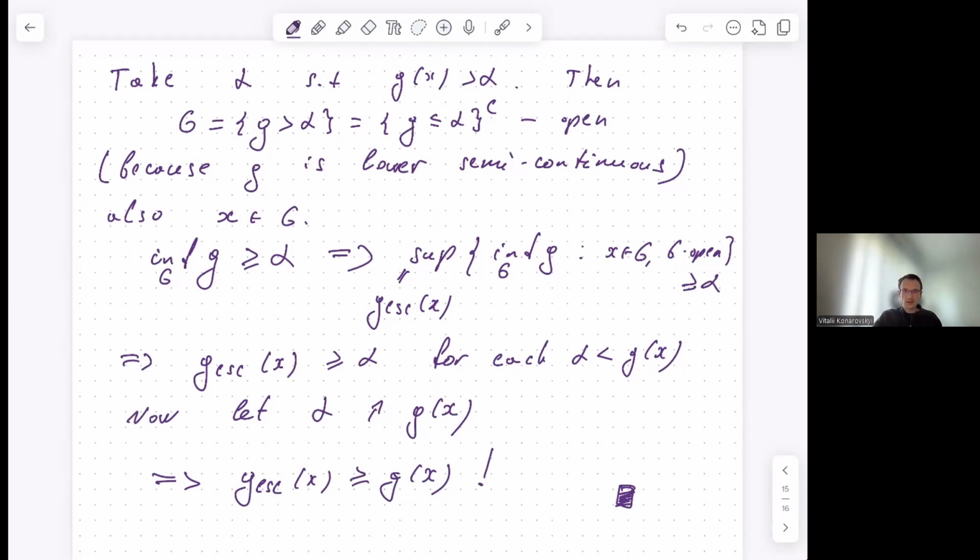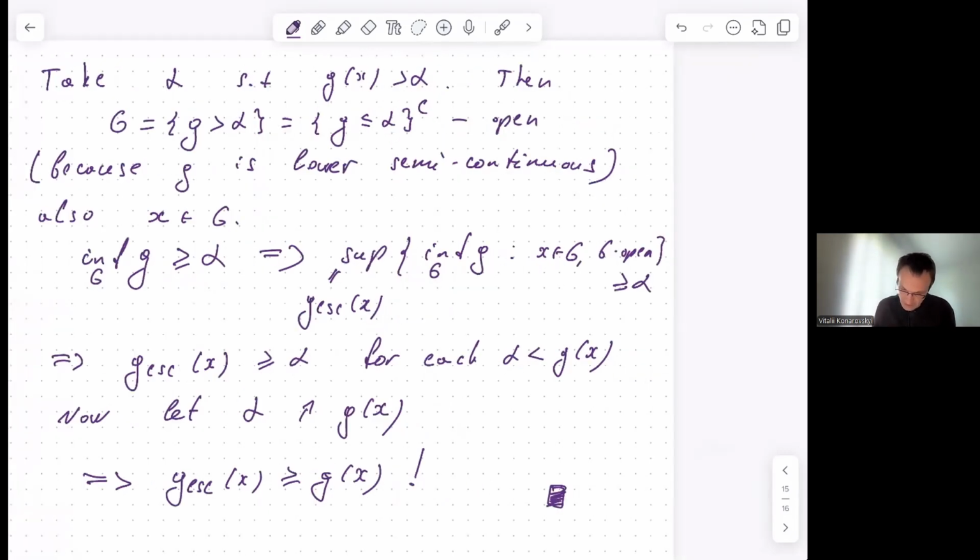And now to finish the discussion of lower semi-continuous regularizations, I would like to formulate an exercise which also will give us an alternative definition of lower semi-continuous regularization, and then probably it will be easier for us to work with it.